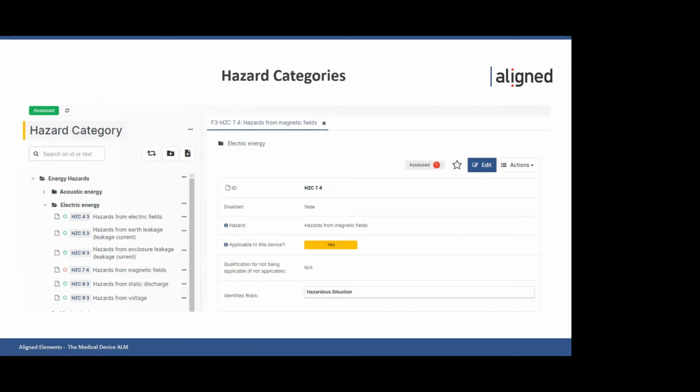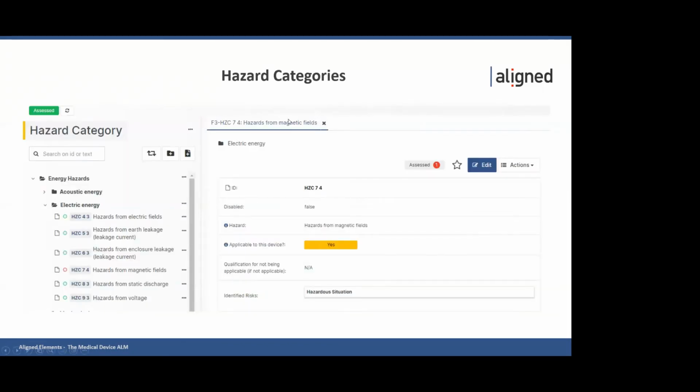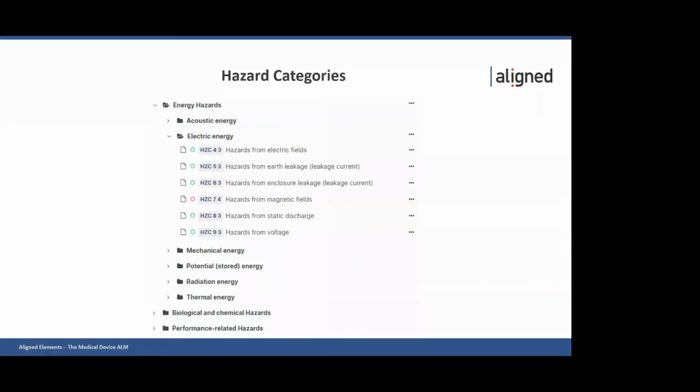And one of the upsides of using a hazard category list is, in my view, that it's a great way to document not only the risks that you have identified, but also what you have considered and excluded, right? So you can show an auditor, look, we thought about acoustic energy risks, and we concluded that we don't have any because we don't have any acoustic energy in our system.